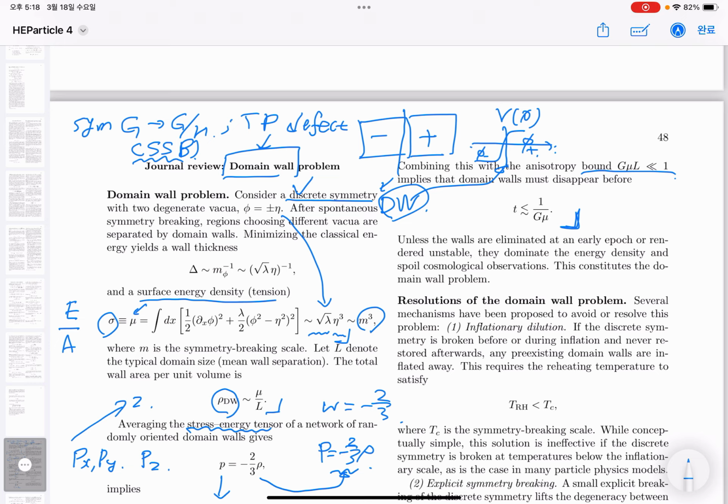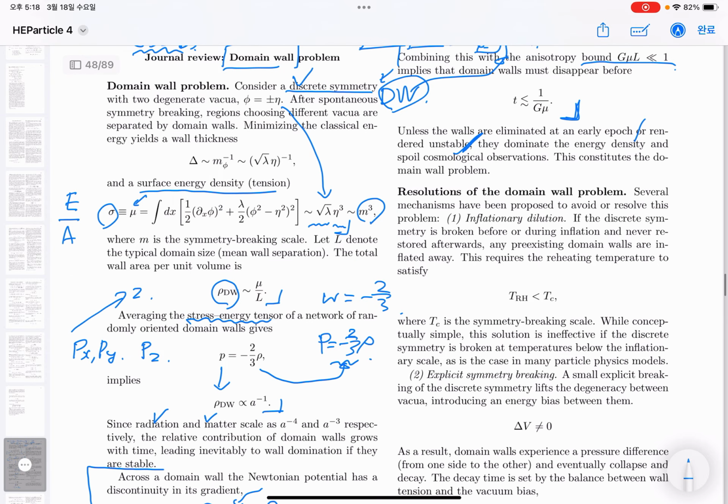To satisfy this inequality, the domain wall should be eliminated in the early universe or should be unstable. If not, the domain wall becomes a dominant component of the cosmic energy density, and this interrupts the cosmological history.